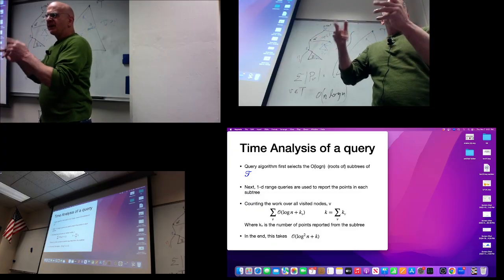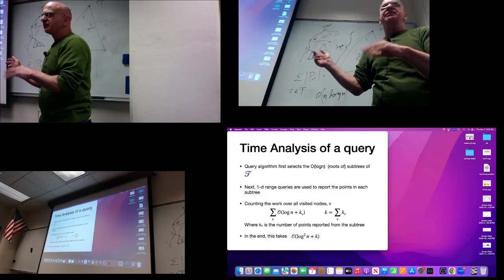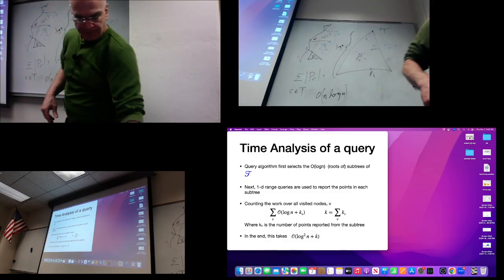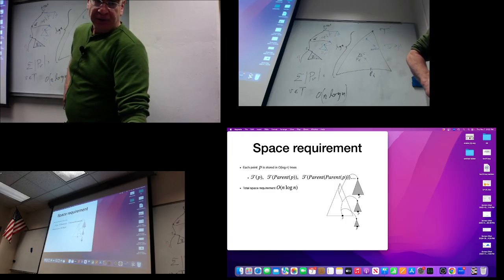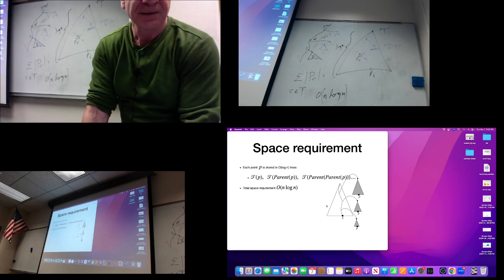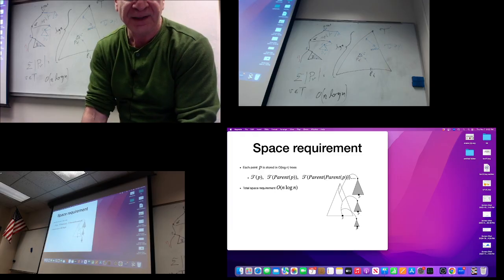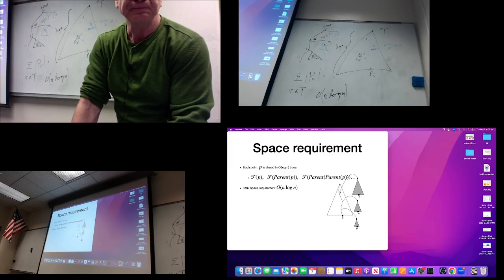And then you are just summing up all these counters. You notice that no point is double counted for the same reasons, so it's log squared n. So each point is stored in order log n trees, that is in the tree of itself, P, and so on.